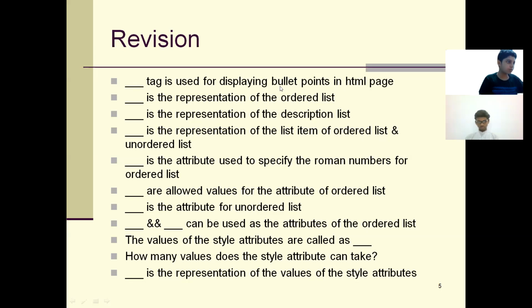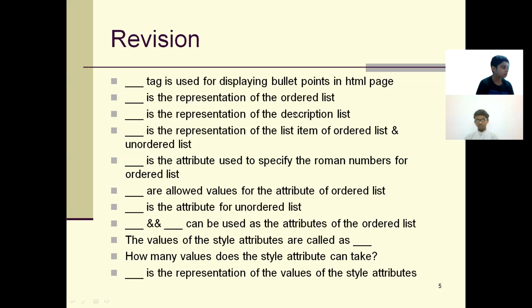Lesser than symbol, O, L, greater than symbol. I'll give you a shortcut method. What is the first letter of ordered? O, right? And the first letter of list is L. So the tag starts with the less than symbol, O and L, and greater than symbol. Okay, fine.